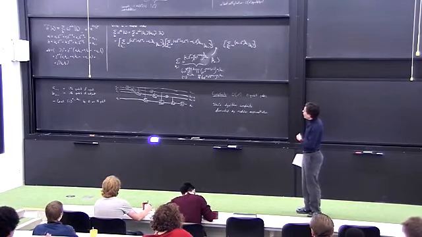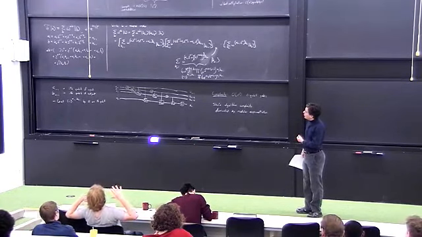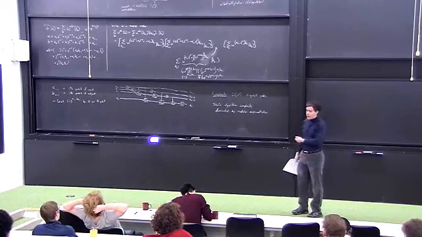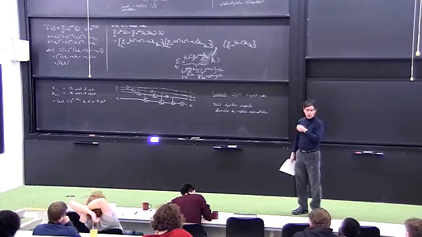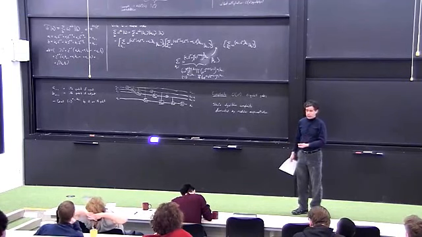Okay, so then the last thing I want to do is discuss what happens when r is not a factor of 2 to the n, which of course will be the typical case.